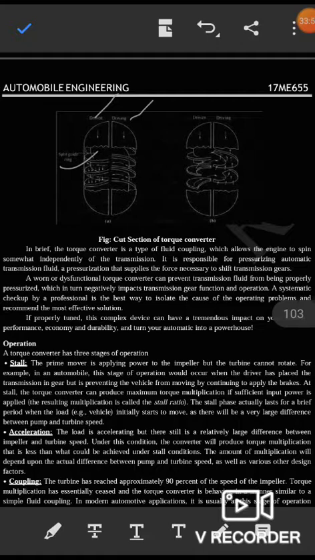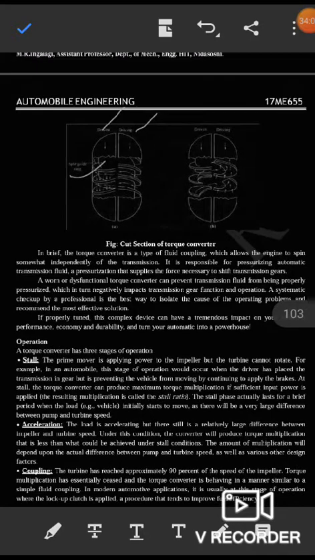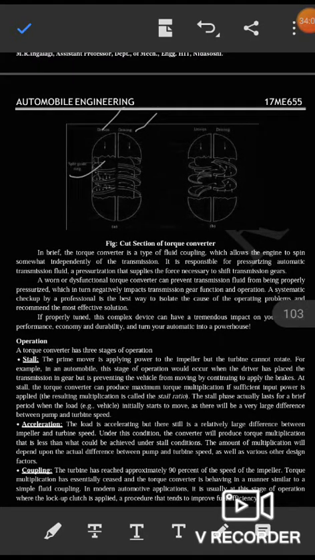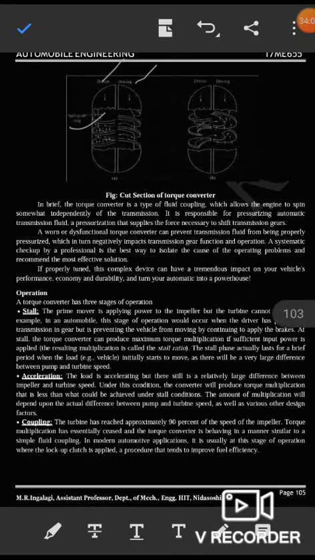A dysfunctional torque converter can prevent transmission fluid from being properly pressurized, which in turn negatively impacts transmission gear functions and operation.